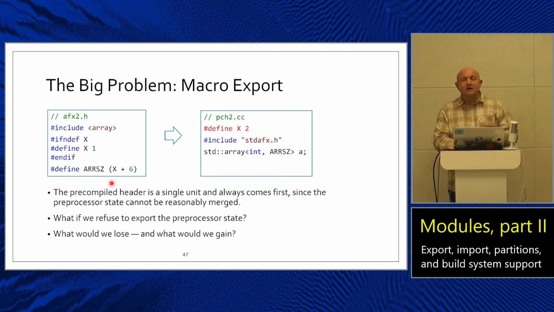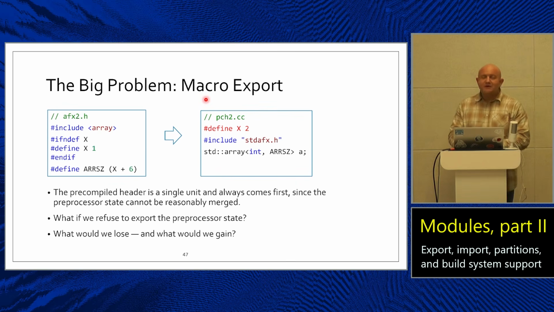It turns out to be 7, because the precompiled header always comes first. No matter where you put the include, your local macro definition can't override what's baked into the PCH, but the precompiled header can override yours. That's not just weird, it's dangerous.